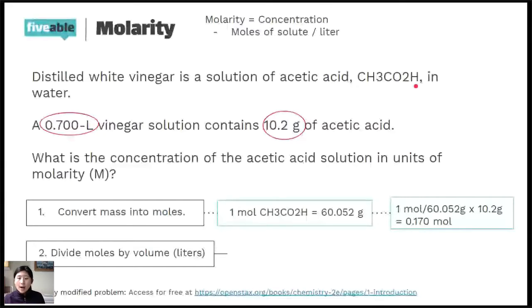If we were to draw out a Lewis diagram, we will see that it's bigger than just an OH, or bigger than H2, a hydrogen gas molecule. So the more surface area the molecule has, the stronger the London dispersion force will be for that molecule.